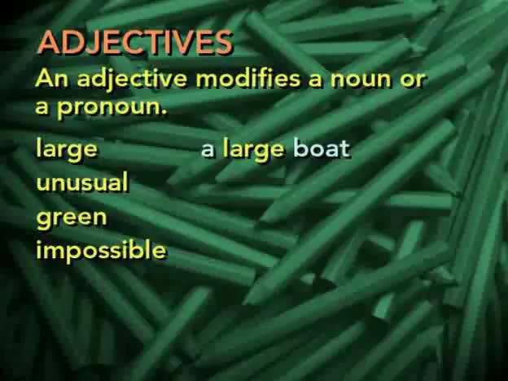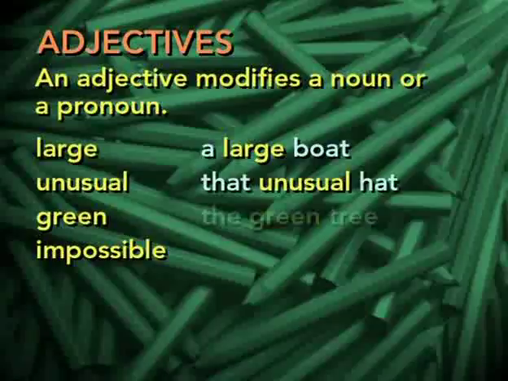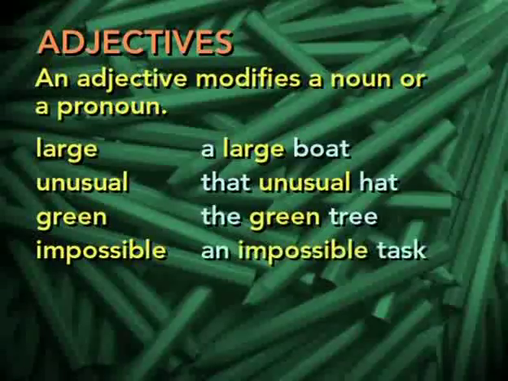In the same way, the adjective unusual would give more information about the noun hat in a phrase like unusual hat. The green tree, the adjective green gives more information about the tree. And an impossible task, the adjective impossible gives more information about or explains something more about the noun task.